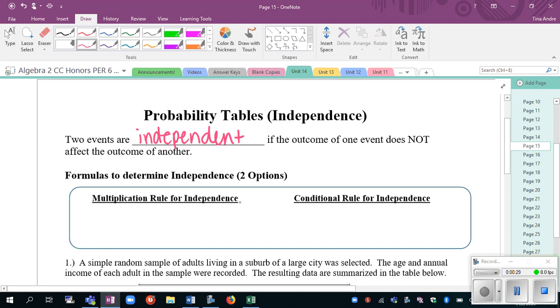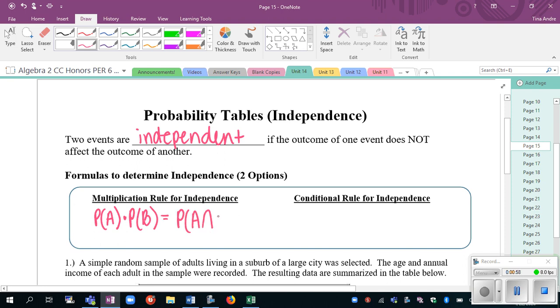So there's two different formulas. There's a multiplication rule and then there's the conditional rule. For the multiplication rule, think about what multiplication means. It's the "and." Typically we say this is the "and," but the probability of A times the probability of B only equals the "and" if multiplying the two individual probabilities gives the same thing as the intersection.